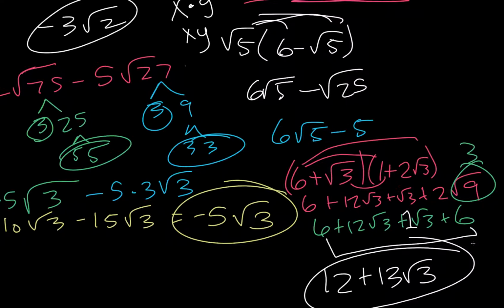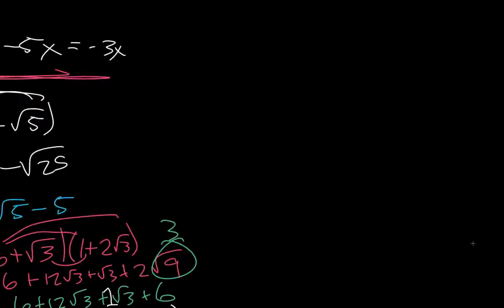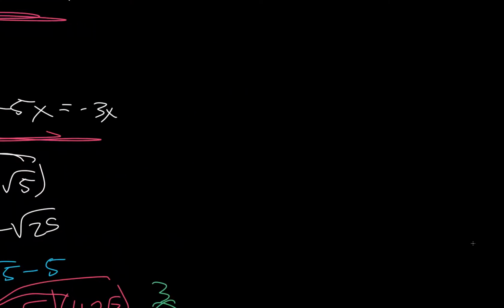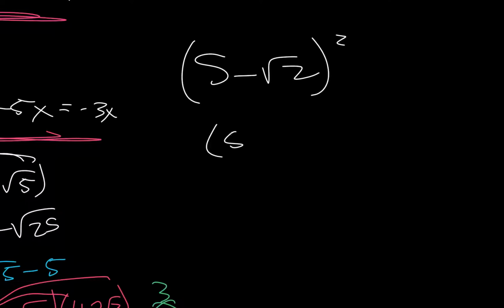Okay, and one more example. We do 5 minus root 2 squared. So it's going to be similar to that last one, 5 minus root 2 times 5 minus root 2, because that's what squaring means. Do not try to distribute that there.